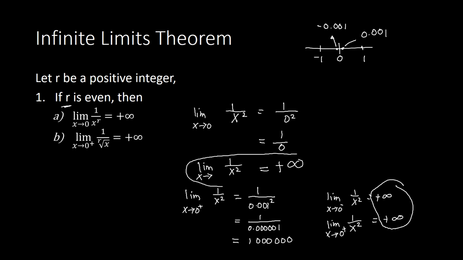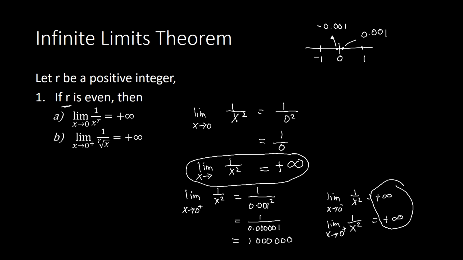And again, for a number over 0, the only cases are 3: it could be either positive infinity, negative infinity, or DNE. DNE, if their left hand and right hand limits are not the same. Positive infinity, if both the left hand and right hand limits are positive infinity. Negative infinity, if both are negative infinity on the left and right.